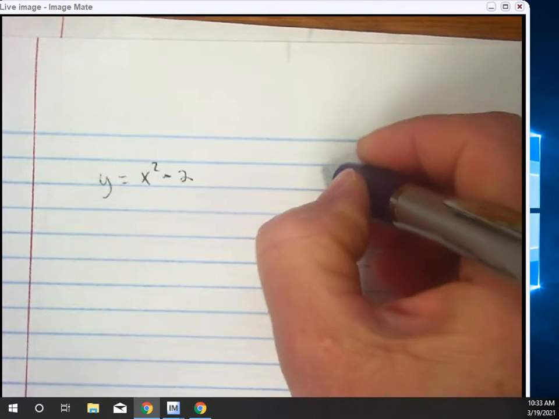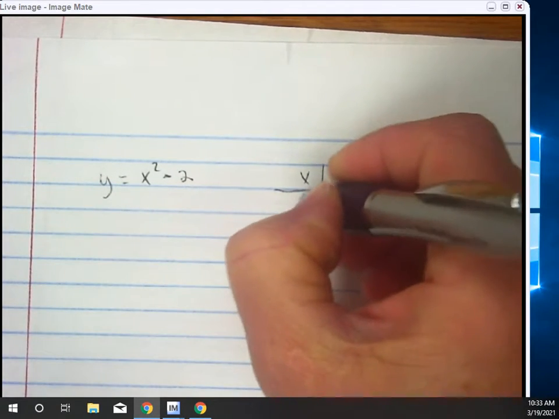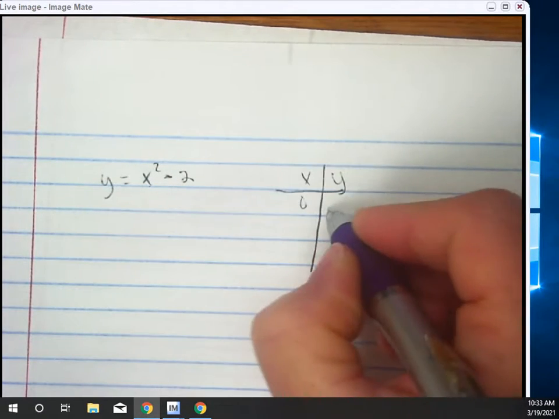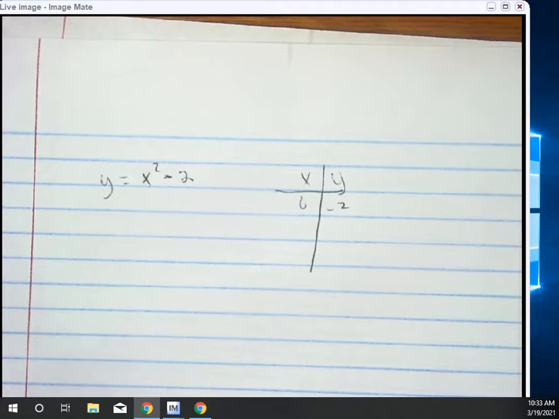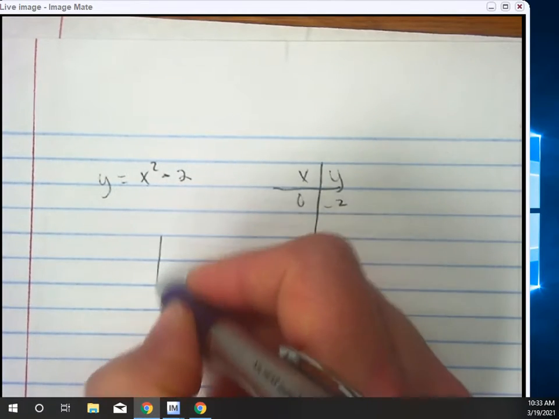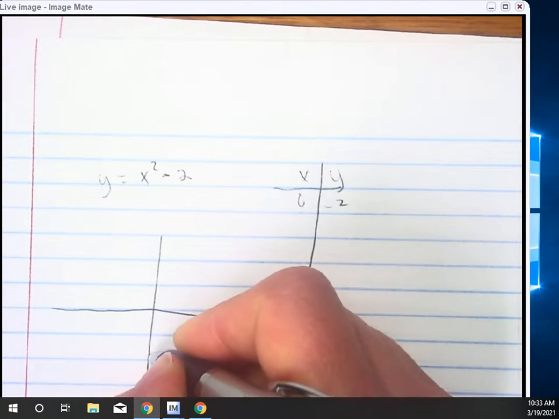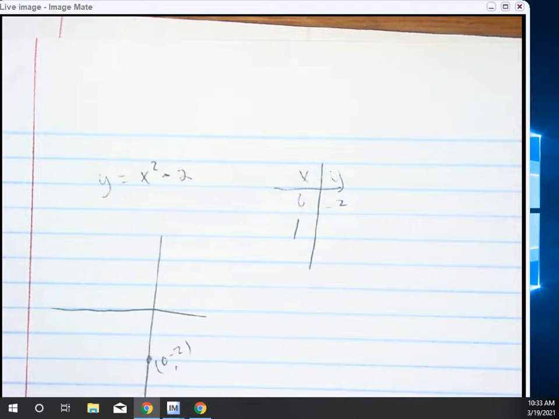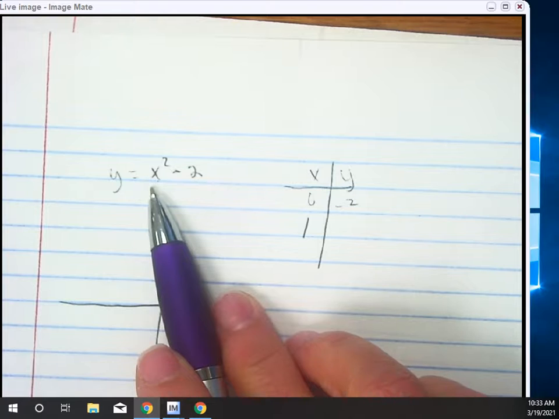So instead of starting at 0, 0, if I substitute a 0 in for the x squared, I'm going to start at 0, negative 2. If I put a 1 in for my x, what's 1 squared? Minus 2.